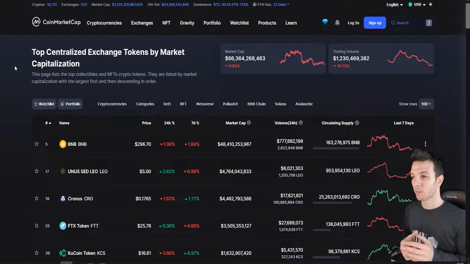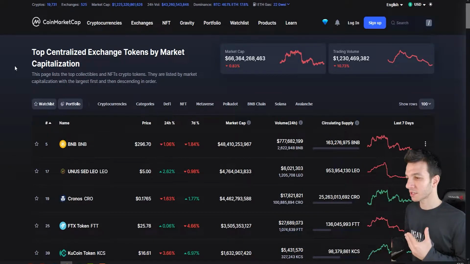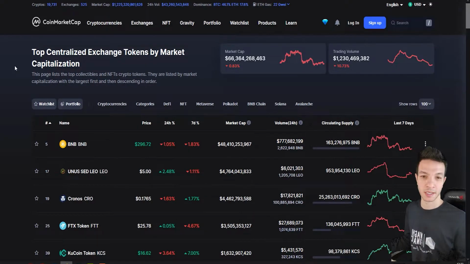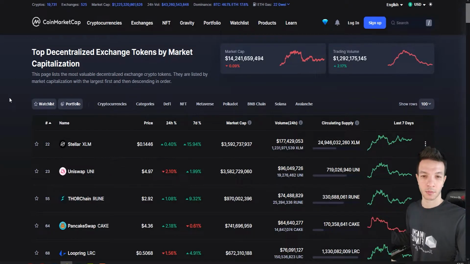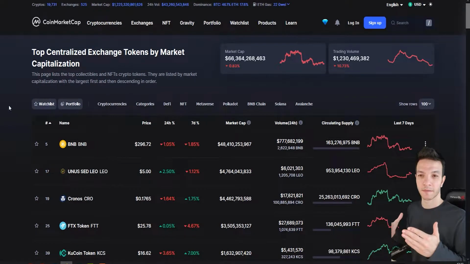Well, when you want to buy coins or tokens from a centralized exchange, you can just top up your account with a credit card, or you can top up your account with bank transfer, and then you can buy anything you want. The way you can buy cryptocurrencies on decentralized exchanges is by transferring money from centralized exchanges to decentralized exchanges, and then you can buy whatever you want.